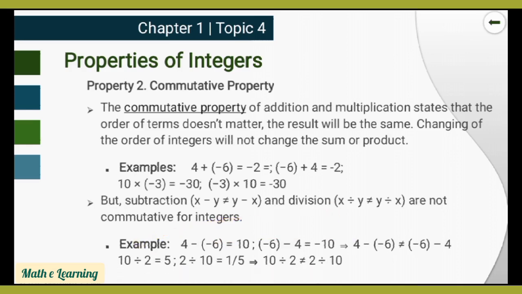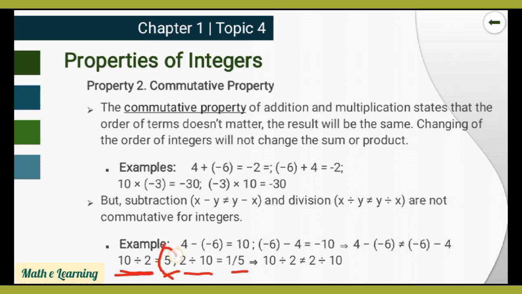Next example is for division, and if we divide 10 by 2, then we get the answer 5. But if I change the order of 10 and 2 as 2 and 10, then 2 divided by 10 is equal to 1 upon 5.